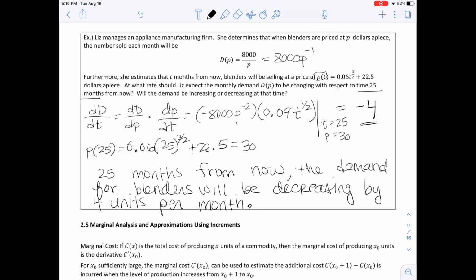And again, looking at our units that we have, demand is in blenders, and our time that we're talking about here is in months. So it's decreasing also because it is negative.